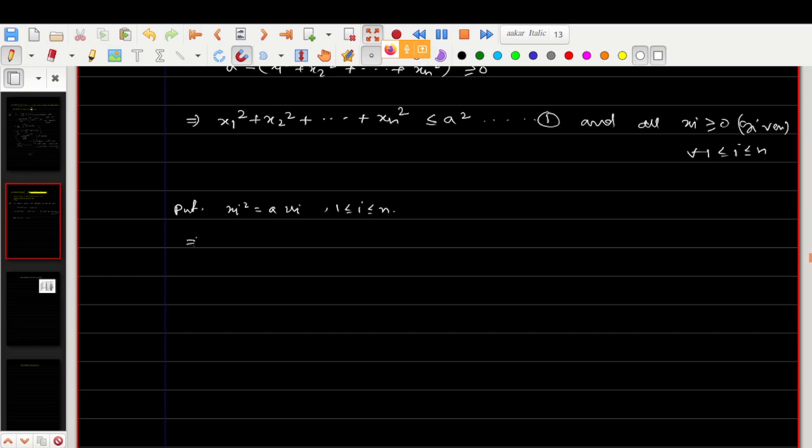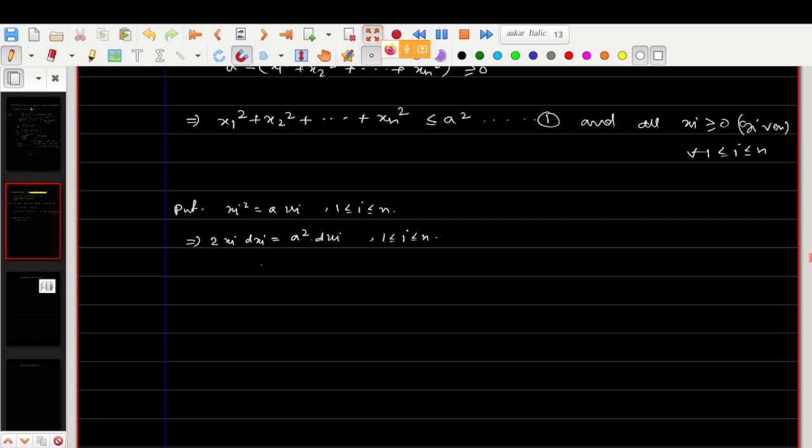Therefore this implies 2 xi dxi is actually equal to a square dui, right?